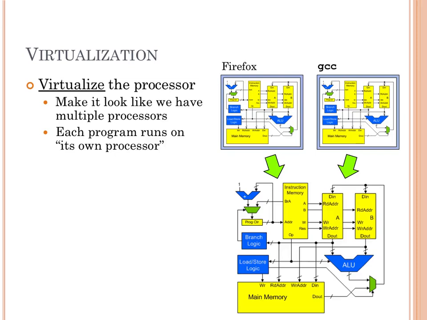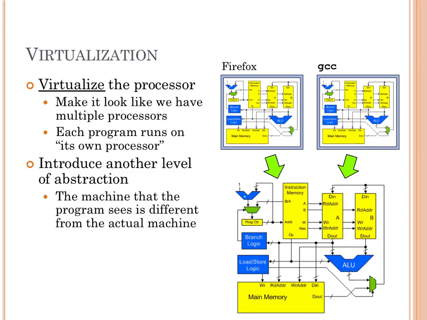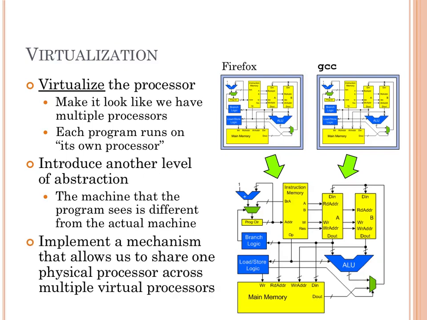Each program thinks that it has its own processor. So this is another level of abstraction. We have the machine that is actually in the hardware, and then we have the machine that the program sees, and those are different. We have some way of virtualizing the processor. Everybody got it? So this is the idea.